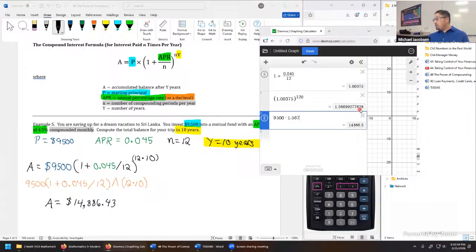So if you do decide to go this route, my advice is capture possibly all of the decimal places, or maybe about 8 of them at minimum. Depending on the problem, you'd be surprised at how many decimal places really matter, especially if a division comes up, like in the next section. So if we go 1.5669, we're still not there. We're at 55 cents. Let's go 9 again. Now we're down to 40 cents.